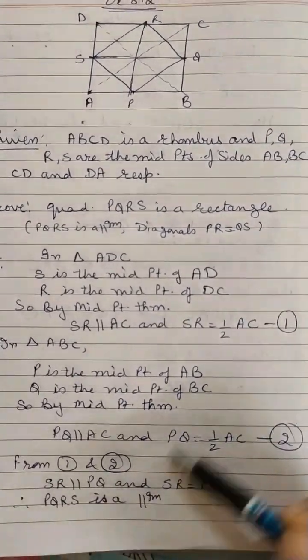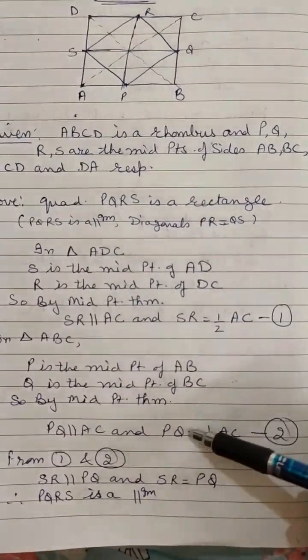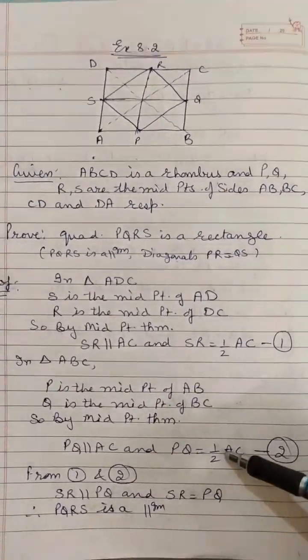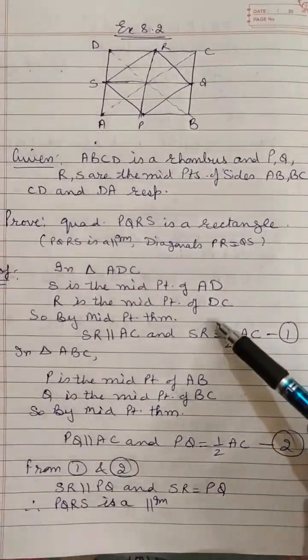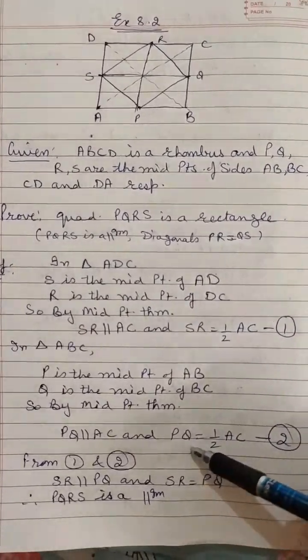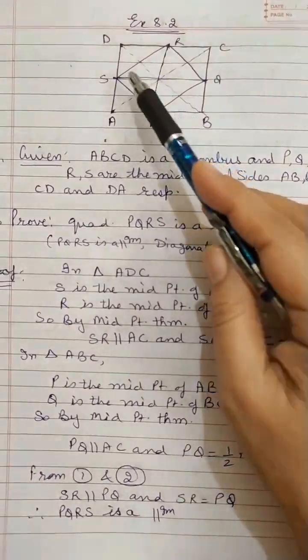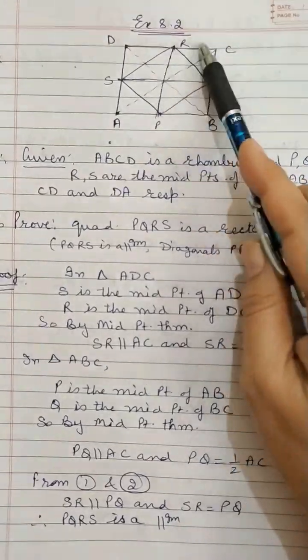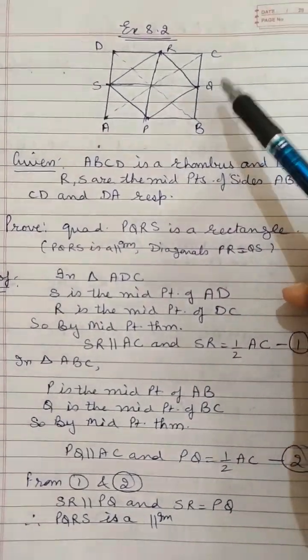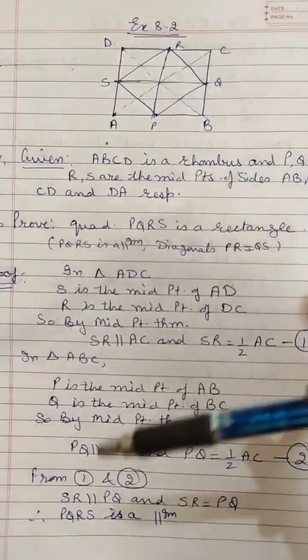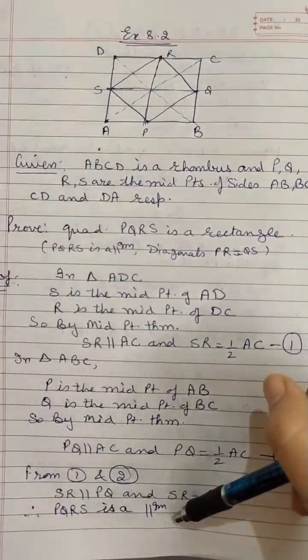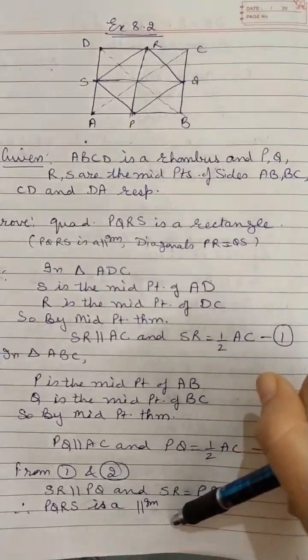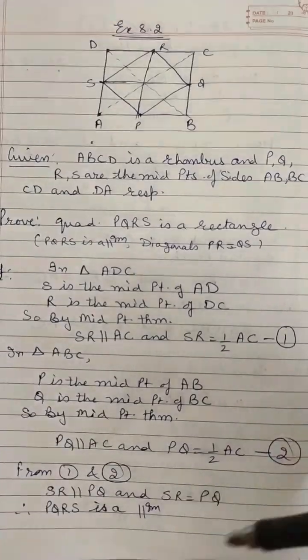In the same way, SR is half of AC and PQ is also half of AC, so SR is equal to PQ. Now SR is parallel to PQ and SR is equal to PQ. So if they are parallel and also equal, then it shows that quadrilateral PQRS is a parallelogram.